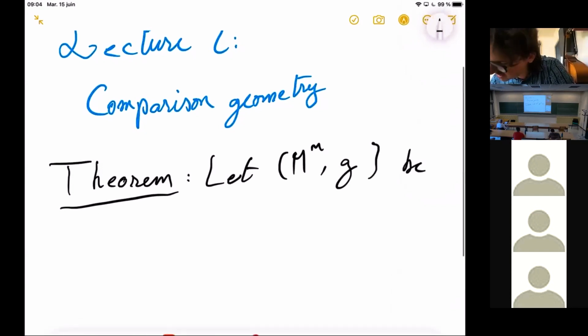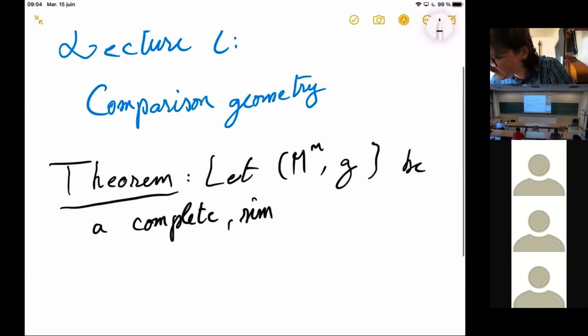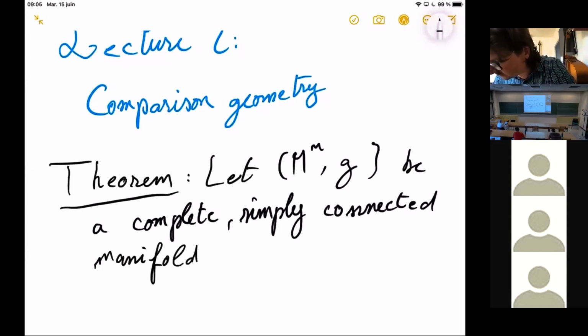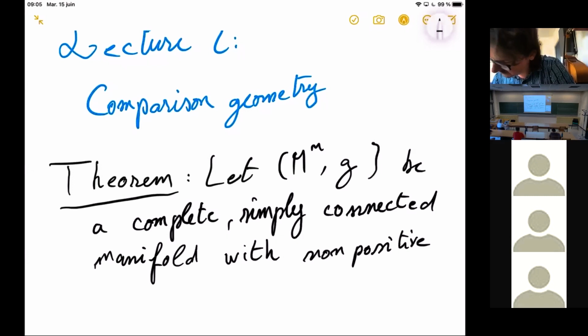So let M, g be a complete, let's say simply connected manifold with non-positive sectional curvature.